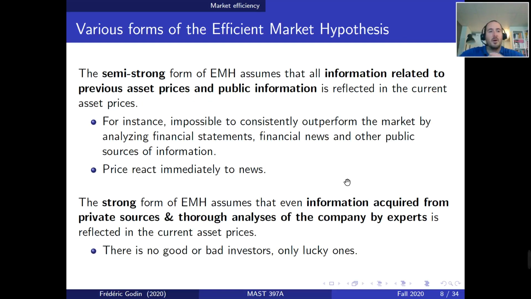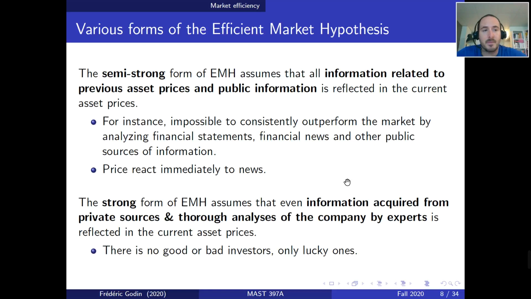The second form of the hypothesis is the semi-strong form. The semi-strong form of the efficient market hypothesis assumes that not only information related to previous prices is factored into the current prices of assets, but also all public sources of information.